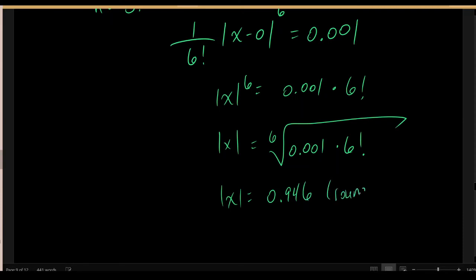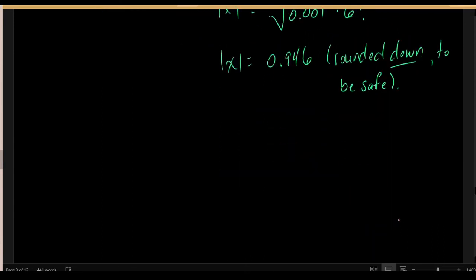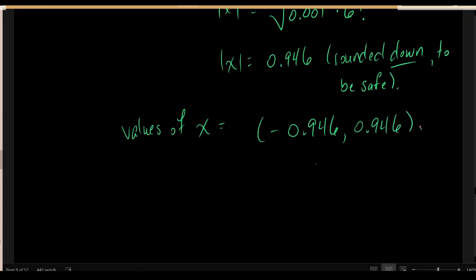If I round down just to be safe, what does that imply about the allowable values of x? We can be anywhere from negative 0.946 up to positive 0.946. For values of x in this particular interval, our error is guaranteed to be less than the maximum possible error that we are allowing, 0.001.